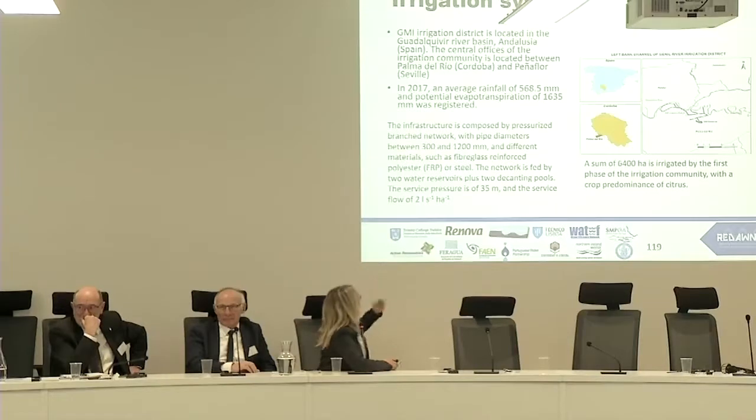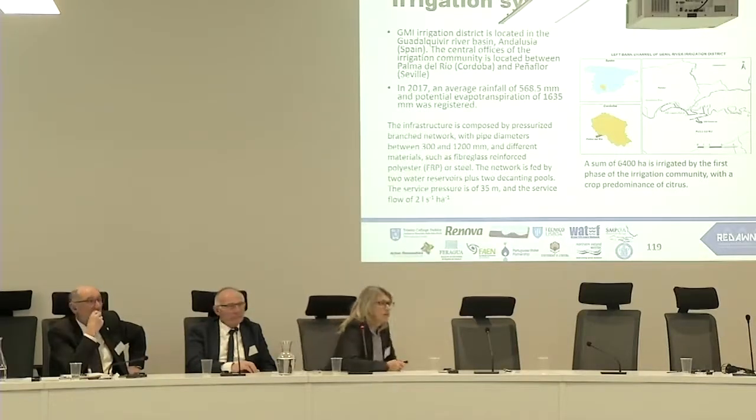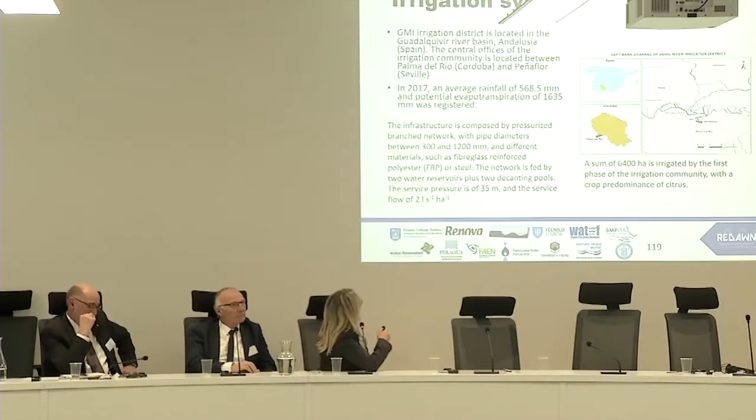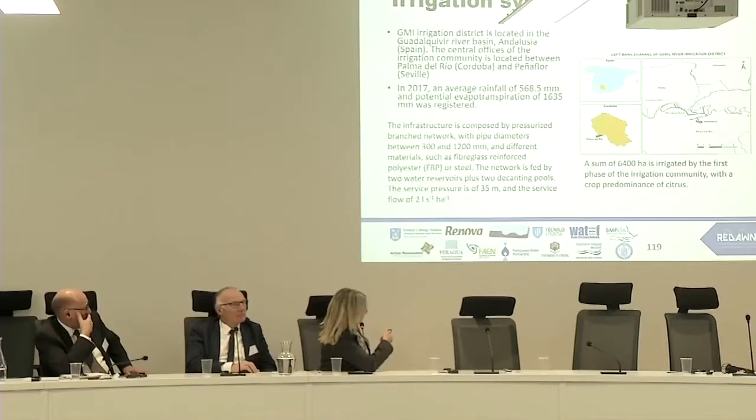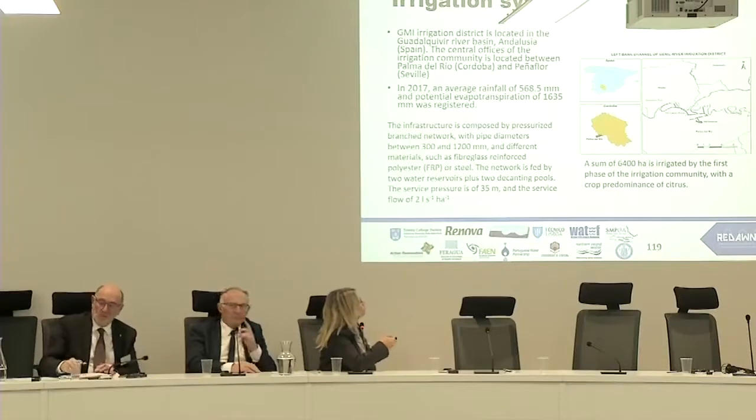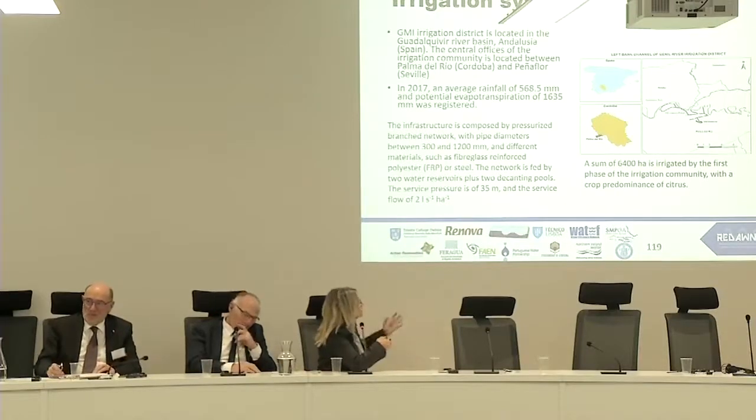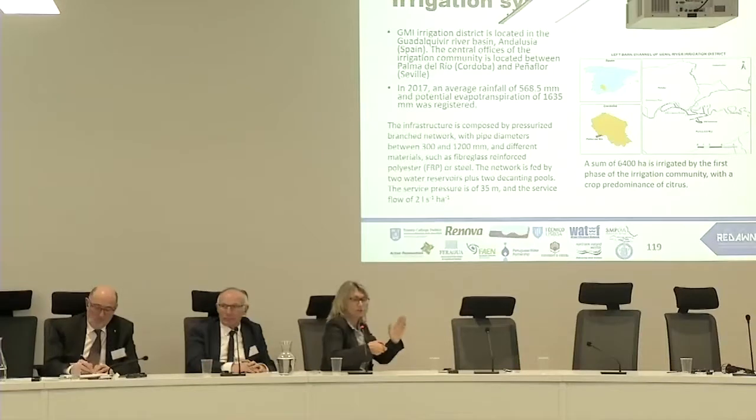We have another one regarding the irrigation system in the district of Andalusia. The central office belongs to Palma del Rio in Córdoba, and we know the characteristics of the system, the pipe diameters, the type of materials, etc. We are in conditions to simulate using EPANET, for example, the conditions along the year, since the flow varies along the year.